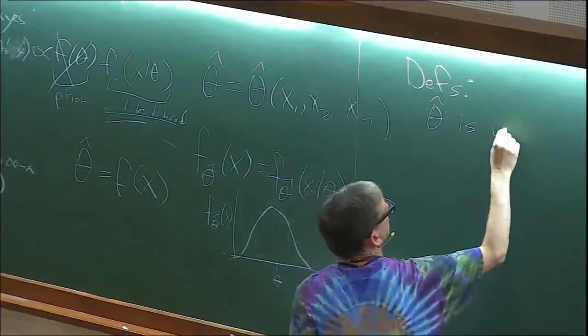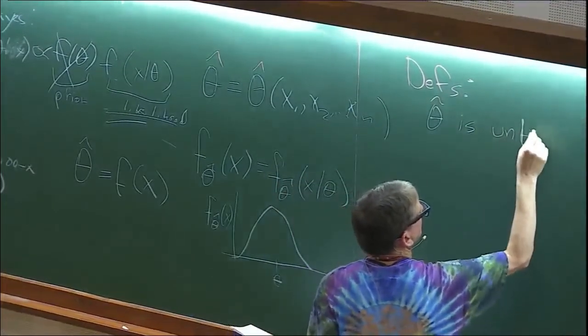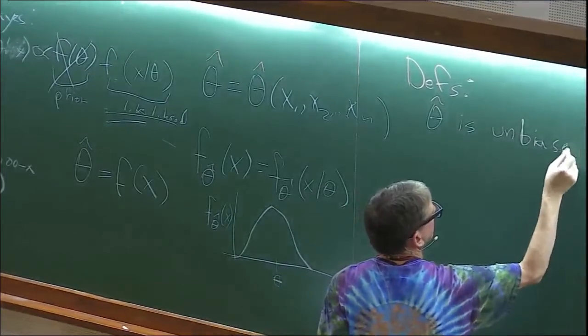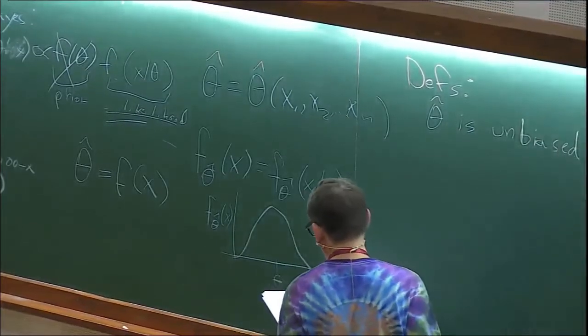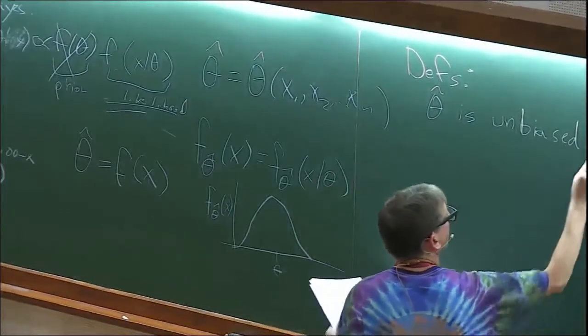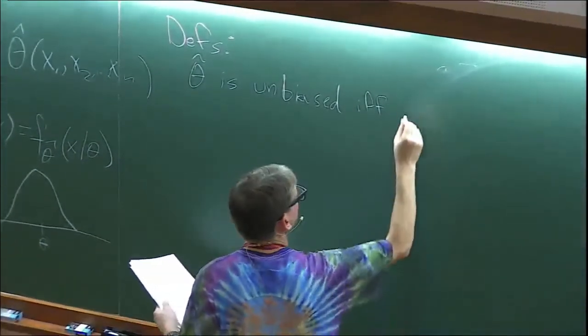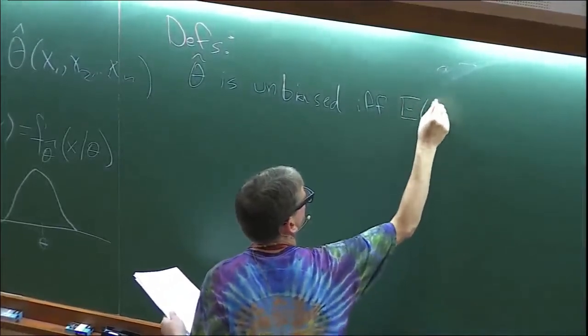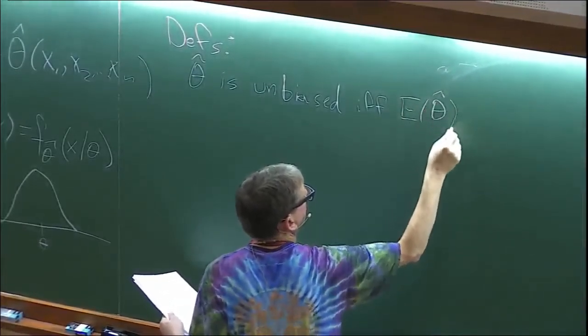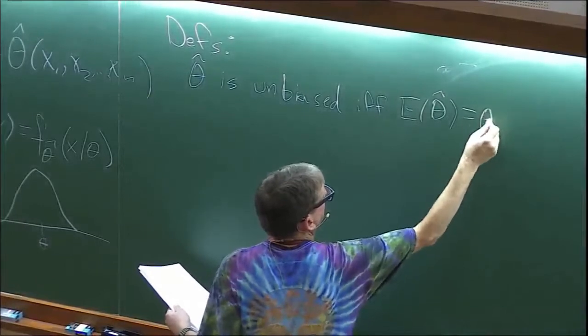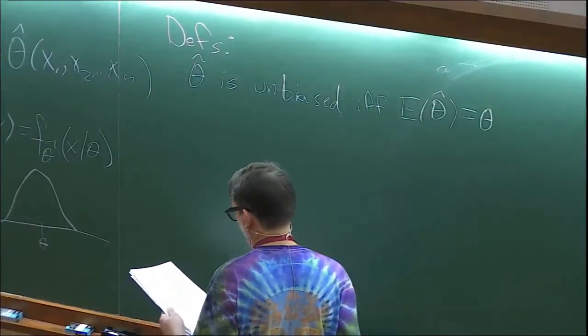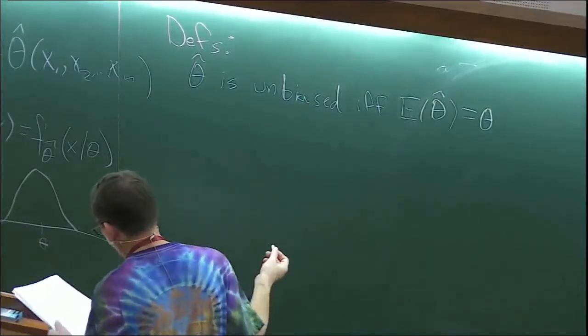There's a term here called bias. We say that theta hat is unbiased if the expectation of theta hat equals theta, whatever theta may be.